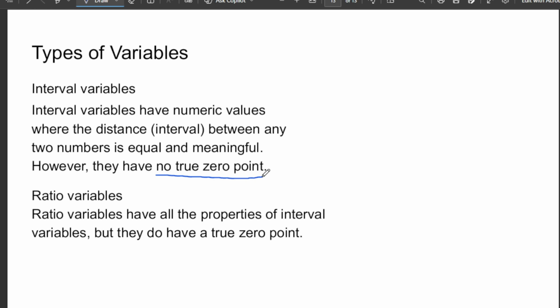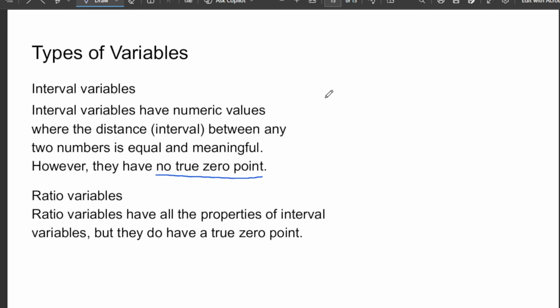What does this mean? It means there is no true absence. There is a zero, but it's just within the range. An example would be temperature.